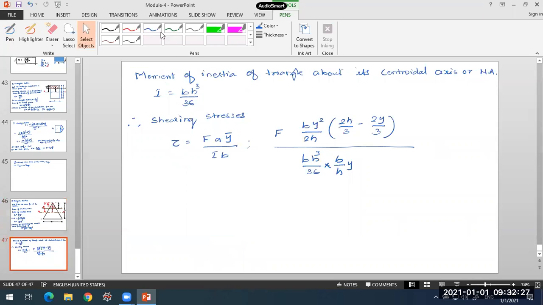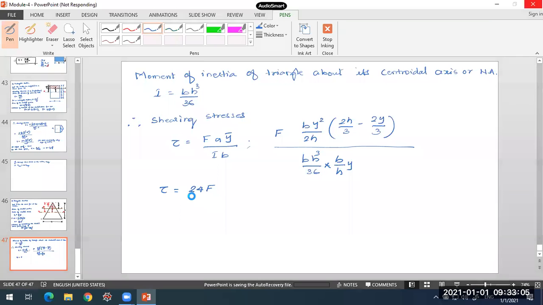So if I simplify this, now cancelling out these terms, y, 2, 2, 3, 6, so it comes out as 24 into F. Can you simplify this along with me?